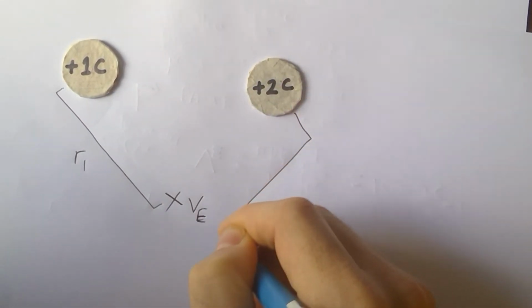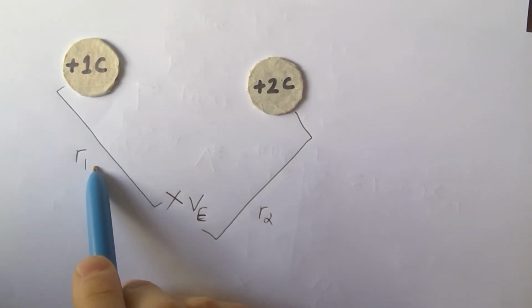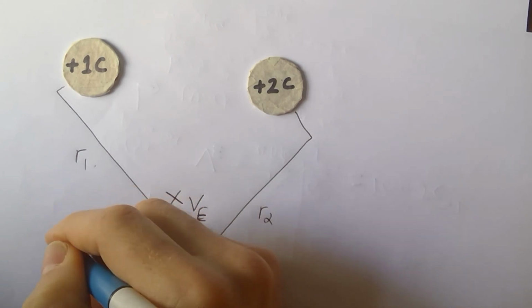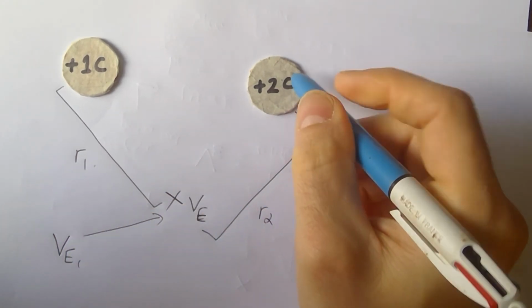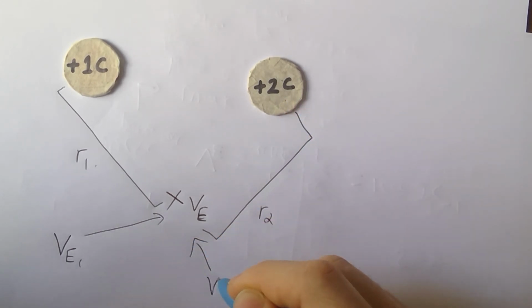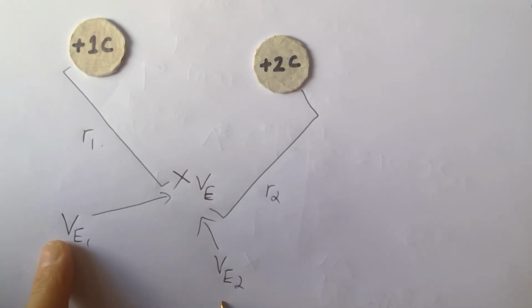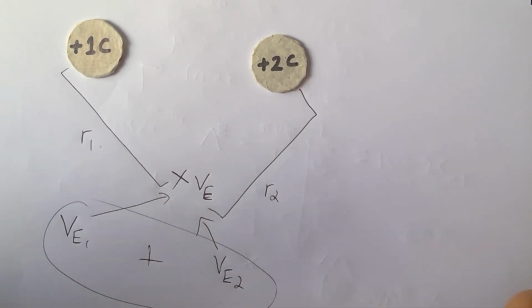How far from this one? R2. We've got the charge, we've got the distance. You work out one potential, VE1, at this point in space. You've got this charge, you know your distance. Work out VE2. And they're scalars, just add them together. Don't need to do it as vectors, no direction, it's a scalar, just add them together.